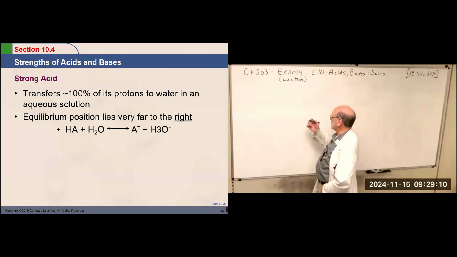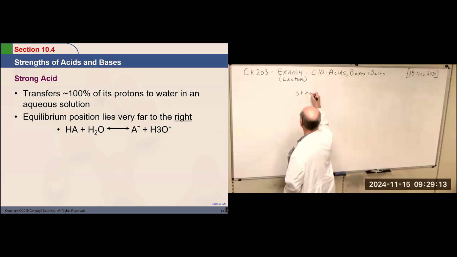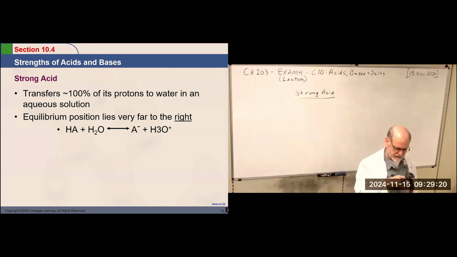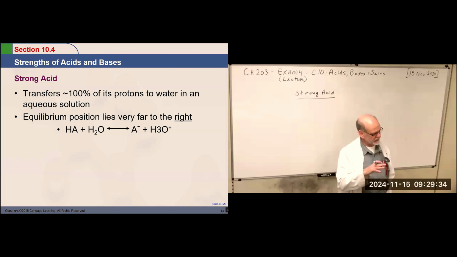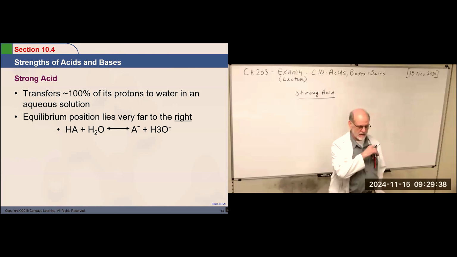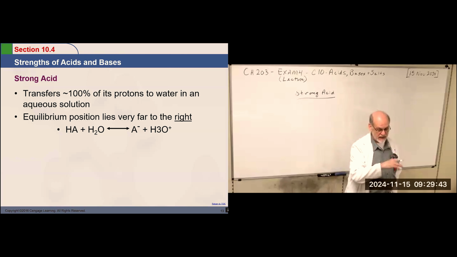When we say strong acid, the conventional understanding of strong versus weak is strong means it'll do damage, weak means it won't do damage. But in chemistry, we've got a slightly different definition. A strong acid is a 100% or almost 100% ionized acid.